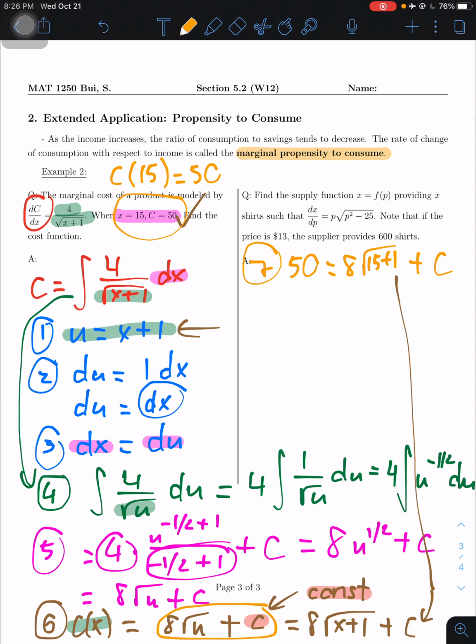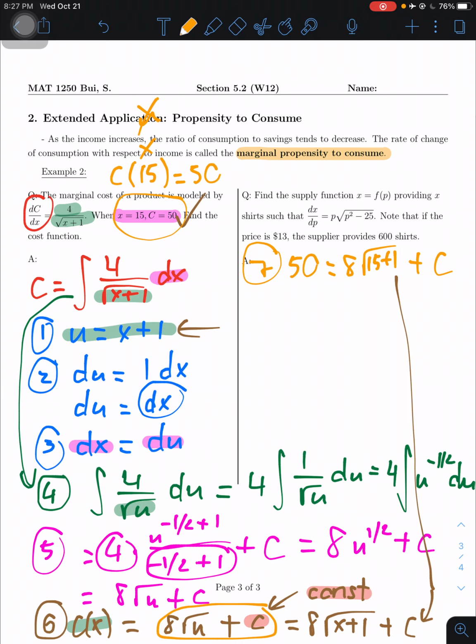On top of that, you're not going to get the right answer, because 15 in here is meant for x, not u. So make sure at step 6, whenever you're done integrating, you have x as a variable. If you still have u there, that means you did it wrong, or you're missing a step of plugging x back into your function.